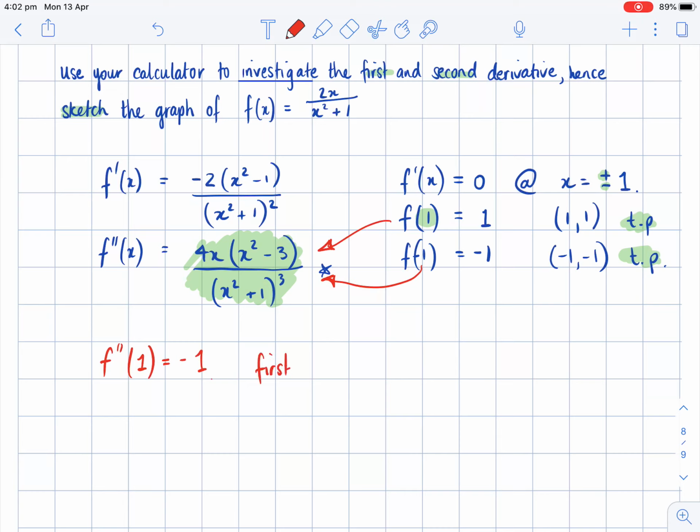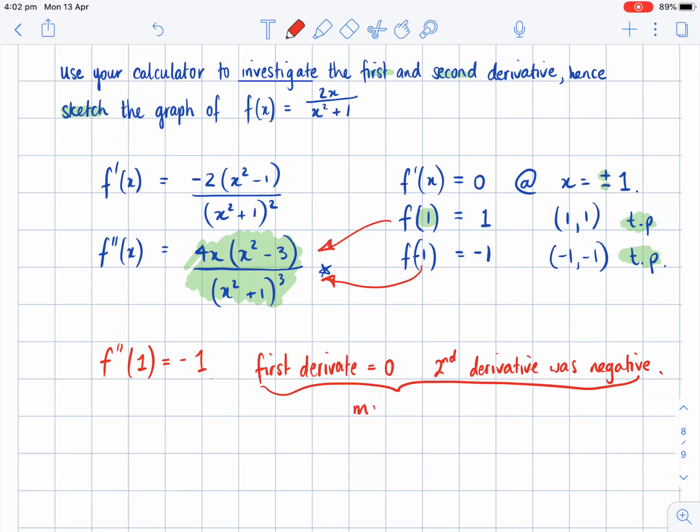So the first derivative equaled 0. The second derivative was negative. So when I put this together in the table that we had in the textbook that I got you to copy into your notes, I find out that this is a maximum turning point.